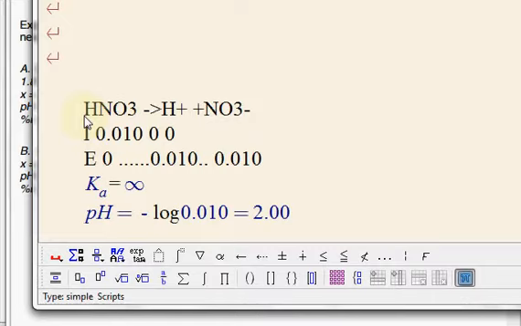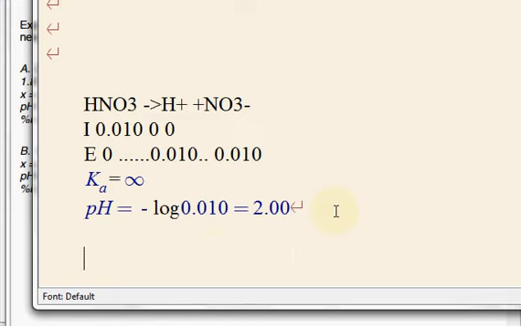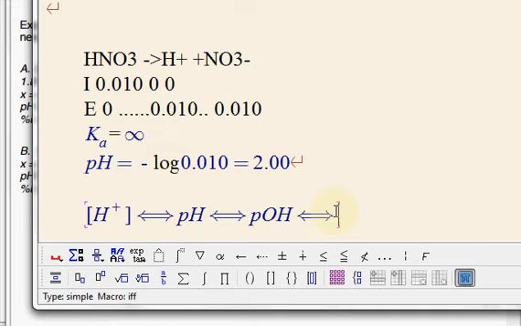My little memory hint, so to speak, is you go between these: there's H+, there's pH, there's pOH, and then there's OH-.